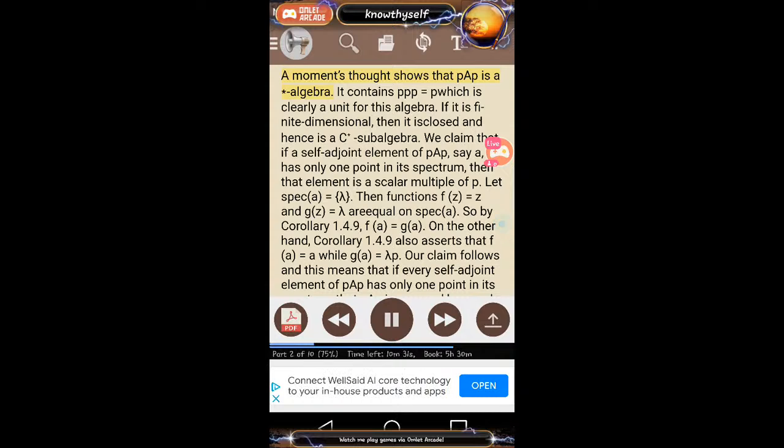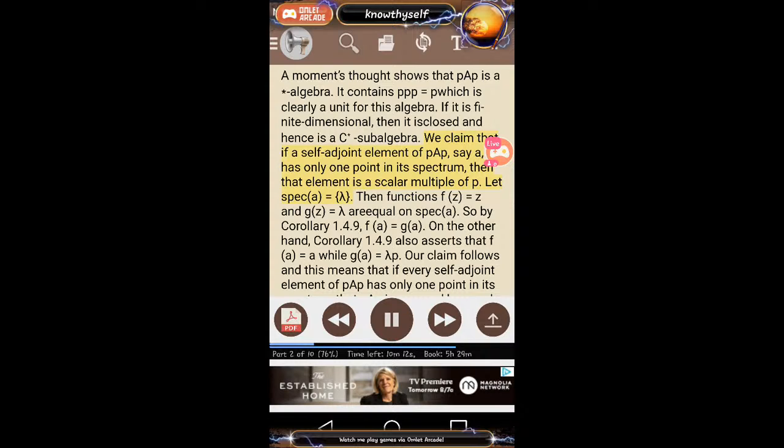A moment's thought shows that pAp is an algebra. It contains ppp equals p, which is clearly a unit for this algebra. If it is finite dimensional, then it is closed and hence is a C* subalgebra. We claim that if a self-adjoint element of pAp, say a, has only one point in its spectrum, then that element is a scalar multiple of p. Let spec a equal {lambda}.